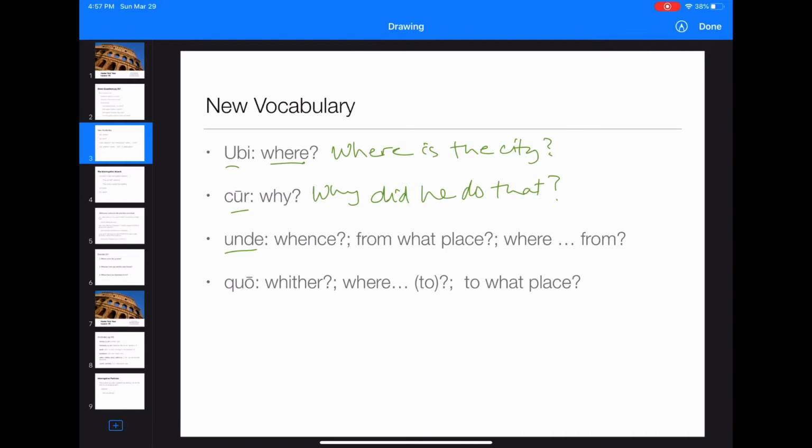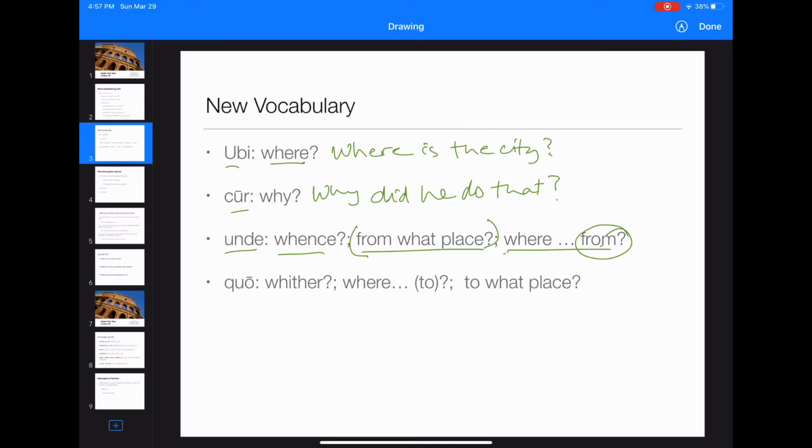Undi means whence, and whence is a word we don't use very often in English anymore, but really it's talking about from what place. Where did whatever's happening in this sentence come from? So this sentence in English will definitely have the word from in it, and then you'll translate that into Latin using undi.